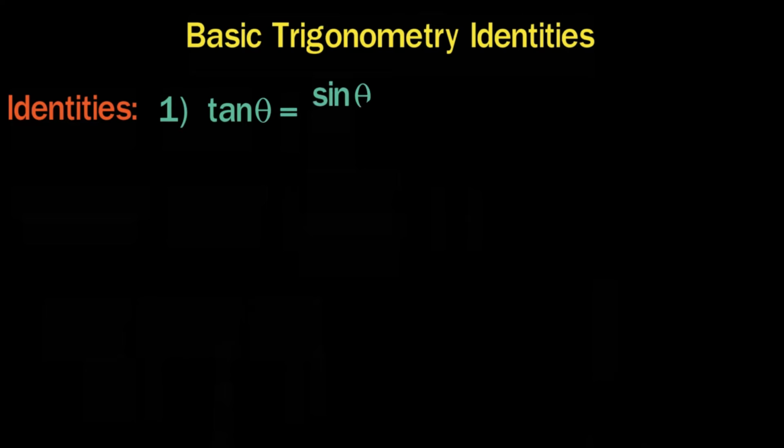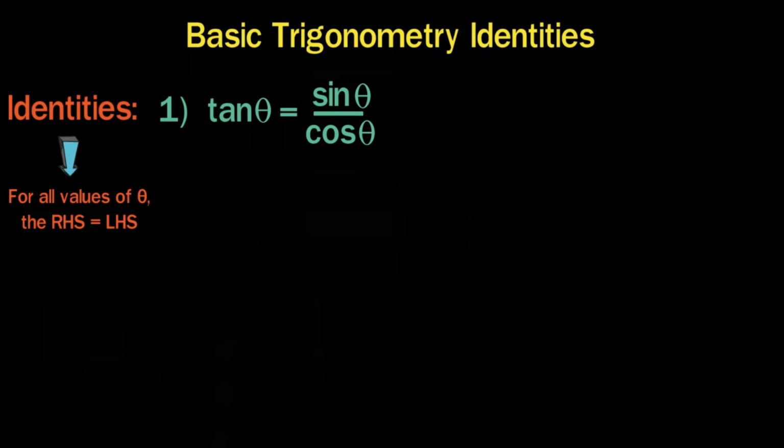Identity simply means that, for instance, the most common one we have is tangent theta equal to sine theta over cos theta. Identities mean that for all values of theta, the right hand side equals the left hand side.